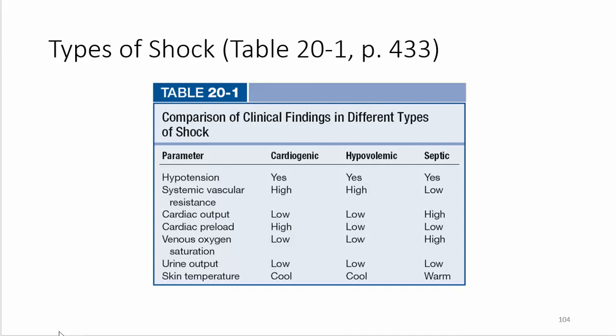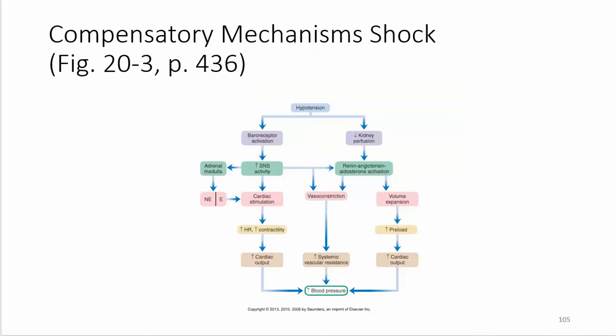In normal, there's enough reserve, and there's still a fair amount of oxygen in the veins. Urine output is low because you are trying to maintain blood pressure up, and you don't waste any blood on the skin, so the skin is cool, etc. So you can go through that on your own, and it's a good exercise. Again, if you like this kind of diagram, enjoy.